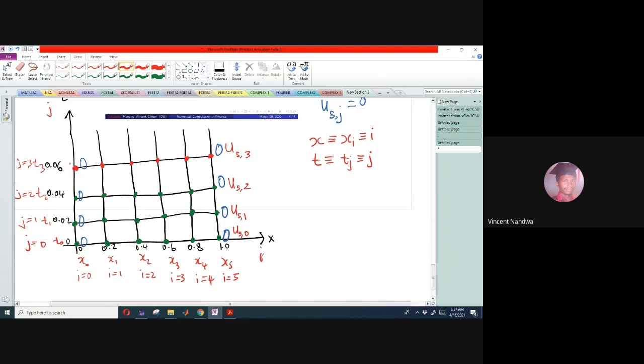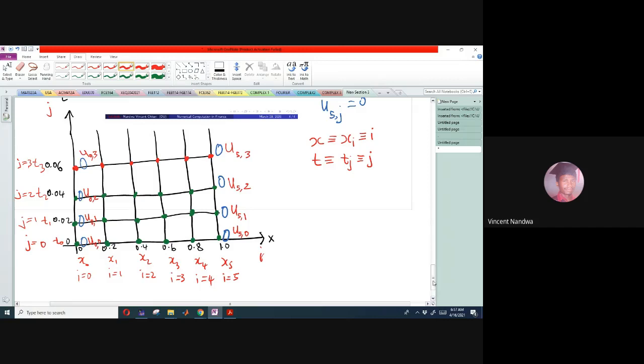And then this point here, the j value is 0 and the i value is 0, and for j equals 3 this will be u(0, 3), this will be u(0, 2), this will be u(0, 1), and this is u(0, 0). So at least we have some values. These values and these values we have from the boundary conditions.